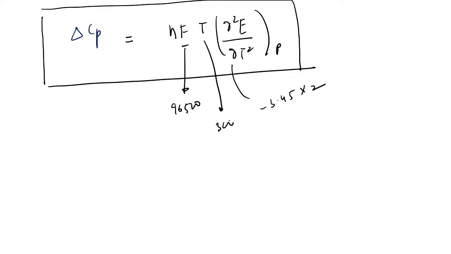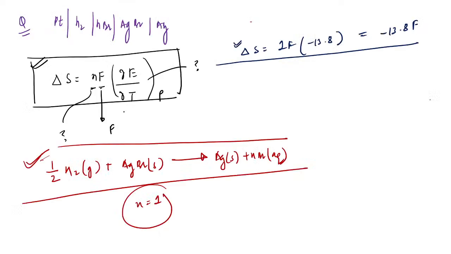Temperature is 300 and n is 1 over here. So you can just substitute all values and you'll get the correct answer. Is it clear, everyone? All right, so this is how we can solve this question. Let's go to the next one now.